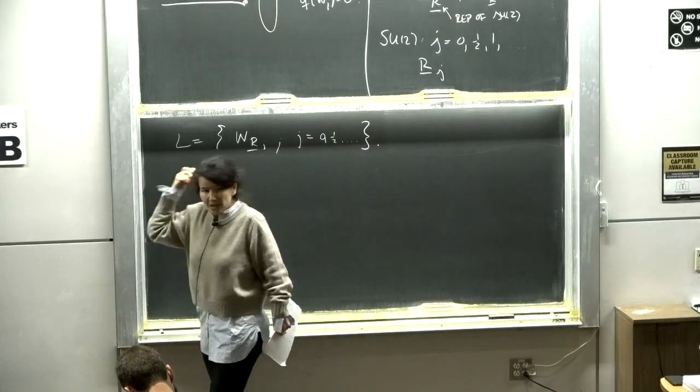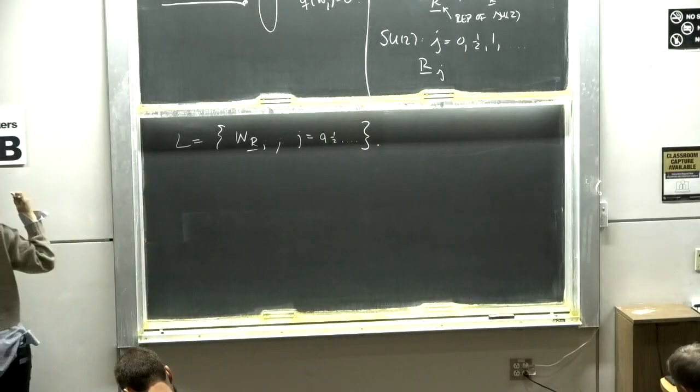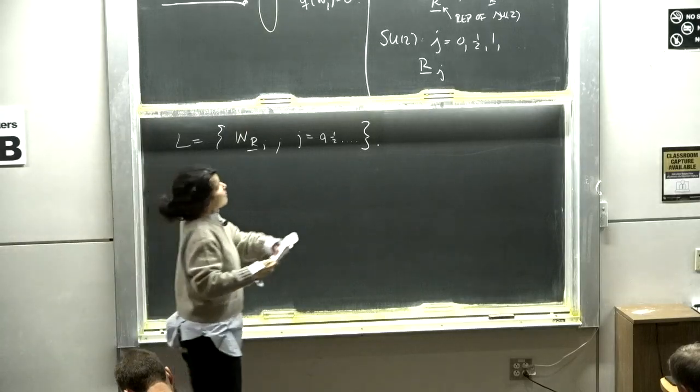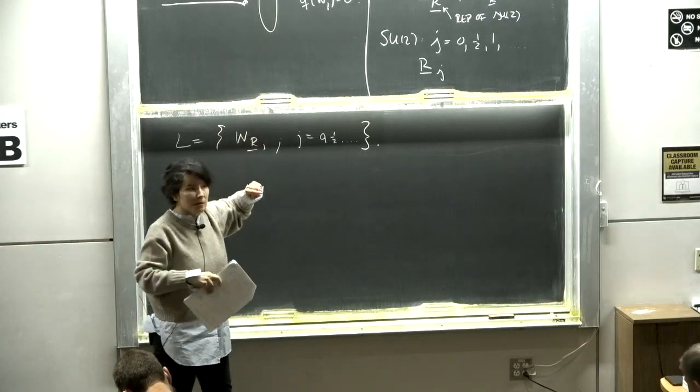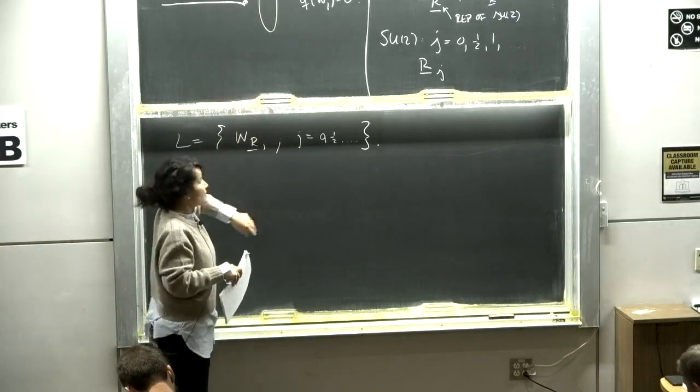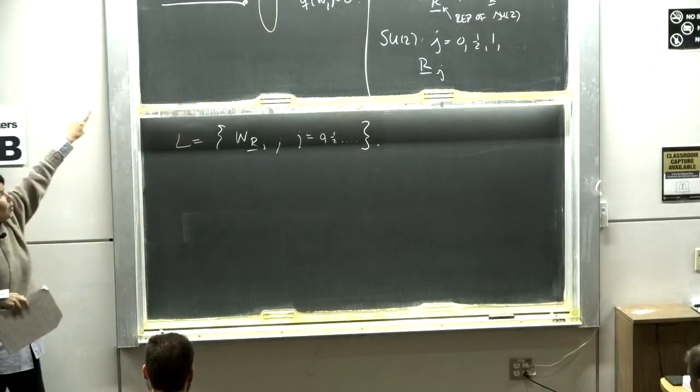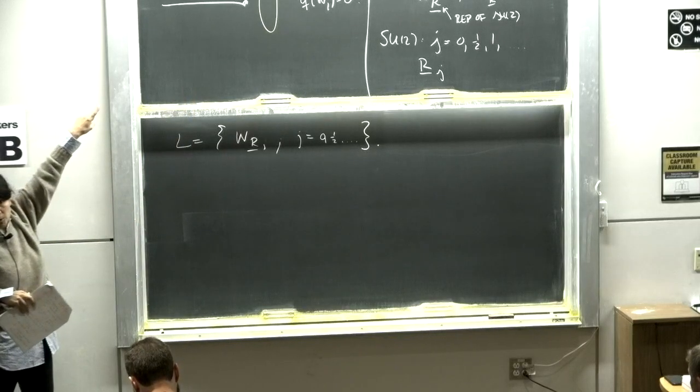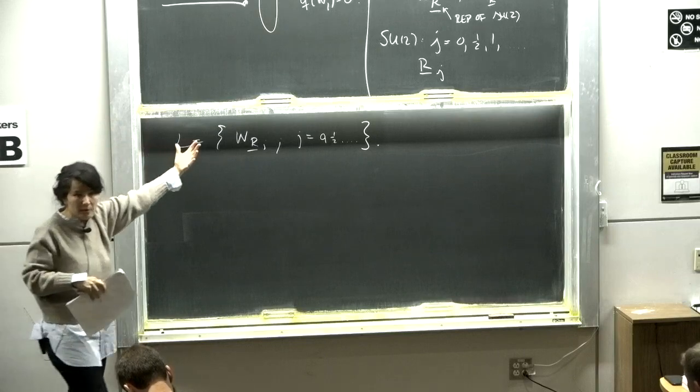And now the equivalence relation says, whenever I have local operators that form these kinds of junctions, then identify these Wilson lines. So what kind of local operators, O's, do I have in a pure gauge theory?